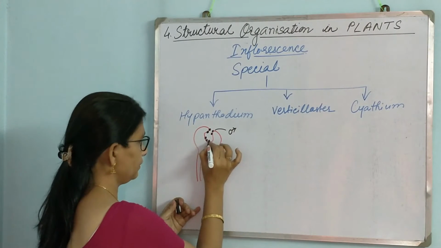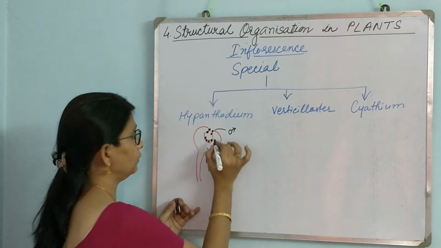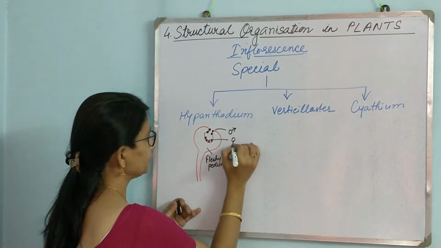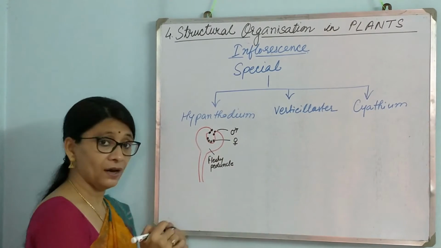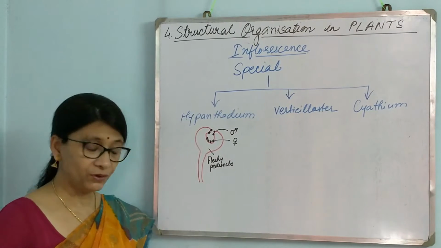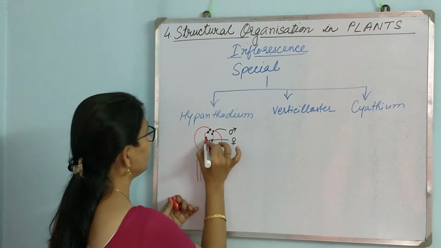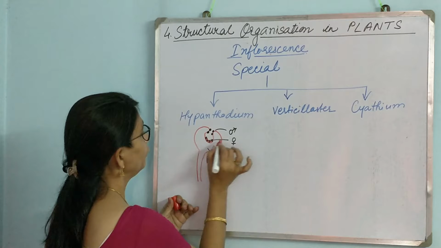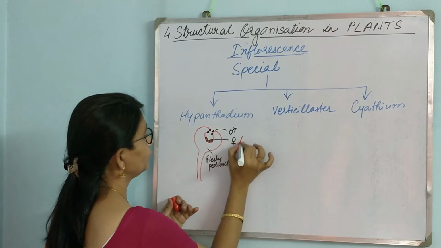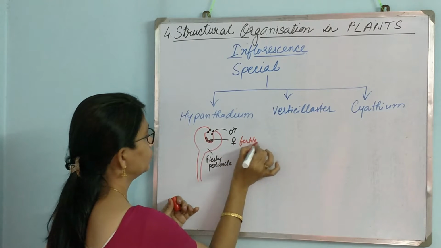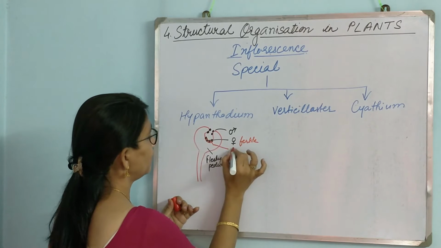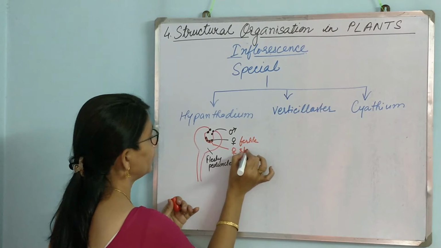So, on the lower surface, we have female flowers. And female flowers are two types. They are sterile and fertile. Some of them are sterile and some of them are fertile. So this is fertile, and these red ones are sterile.